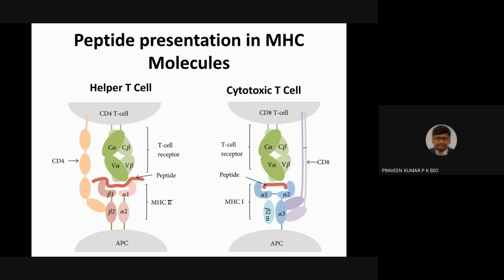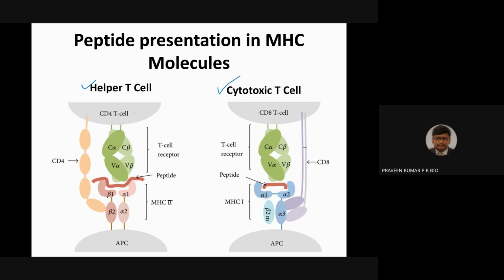If you find these two, you can find that the CD4 T cell gets activated. I think I wrongly mentioned earlier: CD8 is the cytotoxic T cell, but CD4 is the helper T cell. CD4 is MHC2, so of course the helper T cell. This is the correct one, and the CD8 T cell is the cytotoxic T cell.